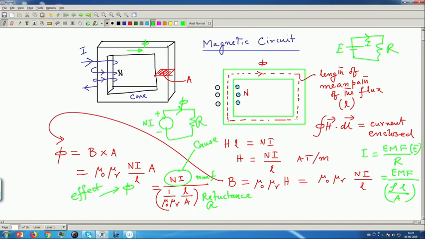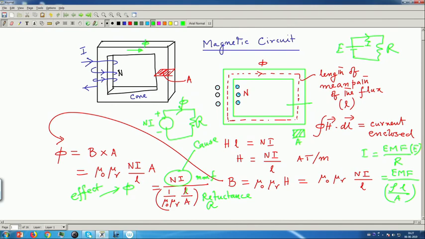So, if MMF is known, I will first calculate the reluctance. Reluctance of the magnetic circuit path depends upon its geometry, what is the length, what is the cross sectional area. Cross sectional area is this one. Then you calculate H, Ni by L, and then multiply it with mu 0 mu r to get B, then multiply with A and get that one.